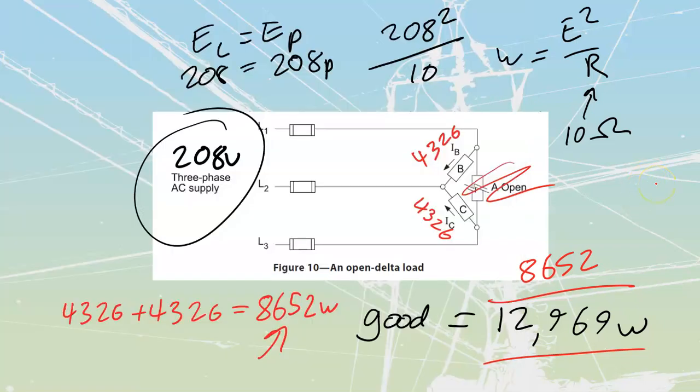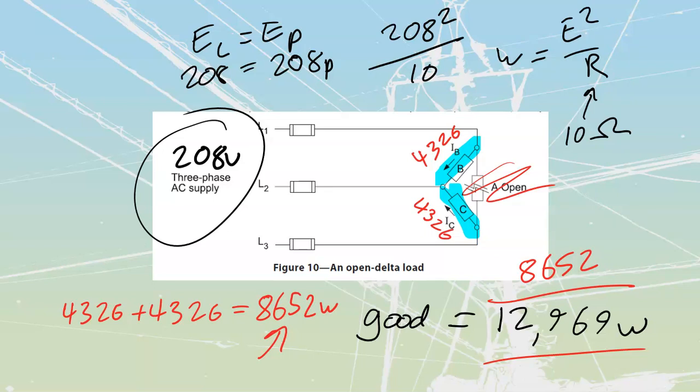Once again, this should be something that you recognize as being 2/3. In other words, if I get an open load, this element over here, completely unaffected, just carries on making power. This one, completely unaffected, carries on making power. 2 out of 3 elements are carrying on. Therefore, we have got a total of 2/3 power when we have got that open delta load that we have over there.